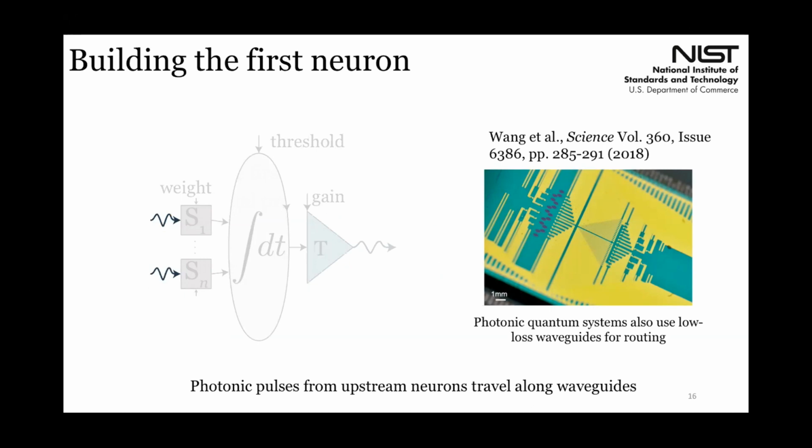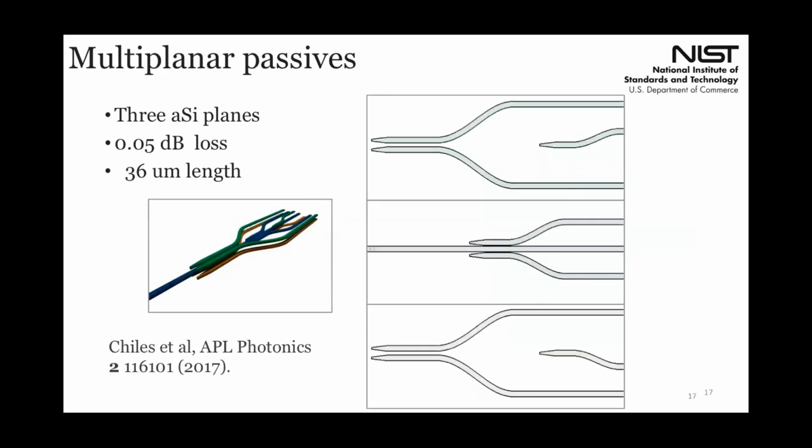But maybe in this particular case, our requirements are a little more stringent because we have so many connections between neurons. And so we've come up with these multiple planes of waveguides to solve this massive routing problem.